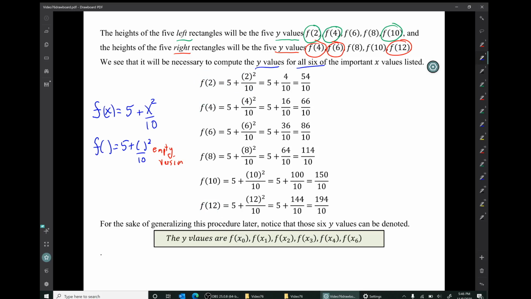For the sake of generalizing this procedure later, notice that those 6 y values can be denoted this way. We denoted them f parentheses 2, f parentheses 4, and so on, all the way up to f parentheses 12. But remember that those x coordinates, 2, 4, 6, 8, 10, 12, had names. They were x0, x1, x2, and so forth. So those y values are f of x0, f of x1, and so forth, all the way up to f of x5.